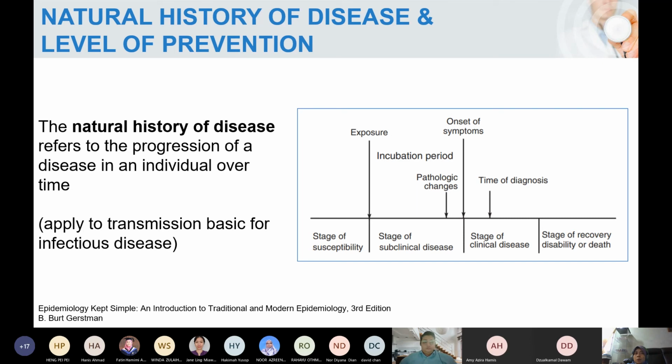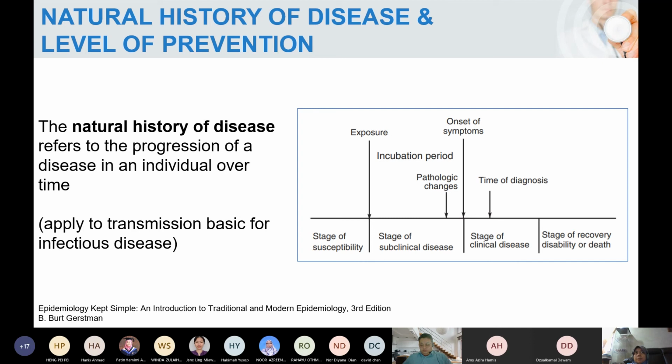For type 2 it is a bit difficult, because by the time we are diagnosed with type 2 diabetes, the microvascular complications have already set in. So the natural history of type 2 borrows a lot from type 1.